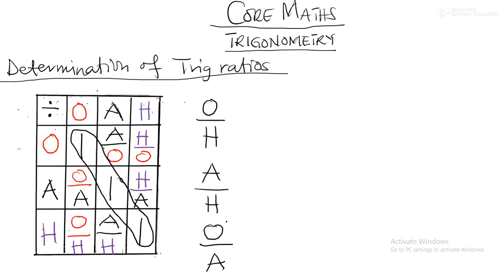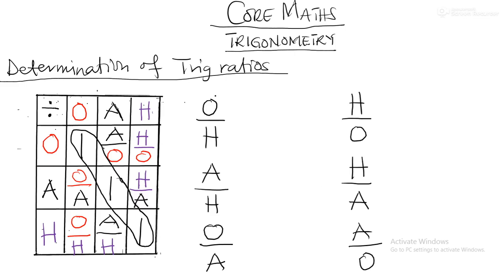Then we have additional 3. But look at the additional 3 in relation to the first 3. So we have H over A, and then A over O. Good. So these are the 6 trig ratios we have.